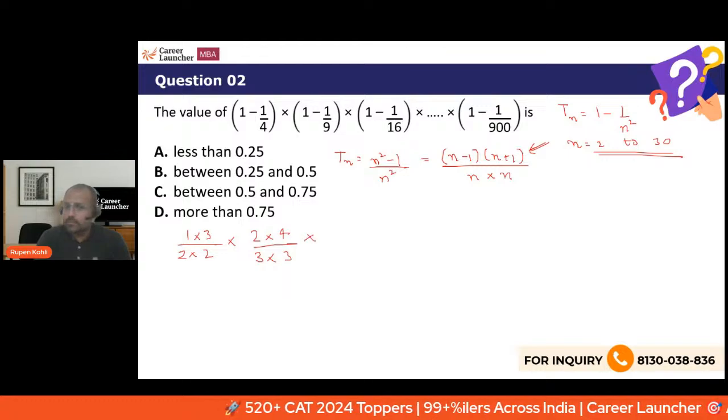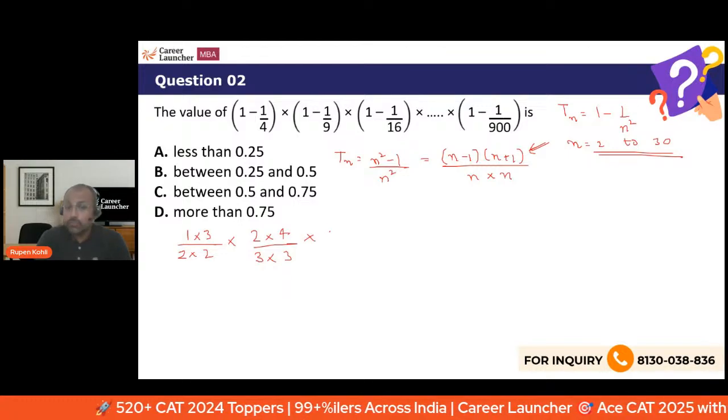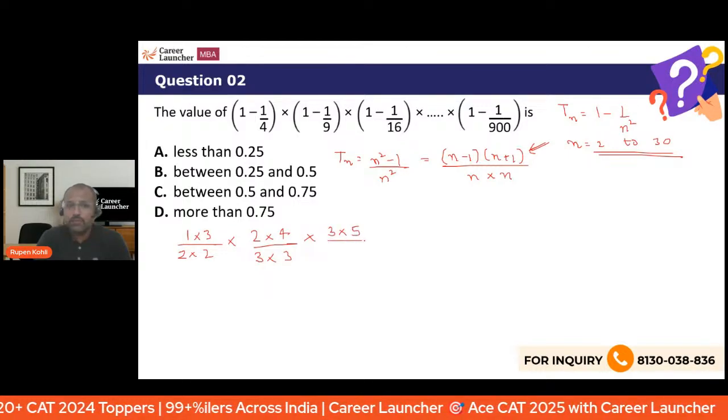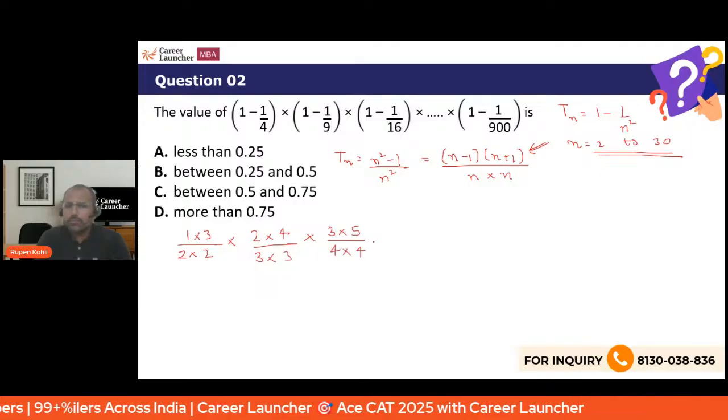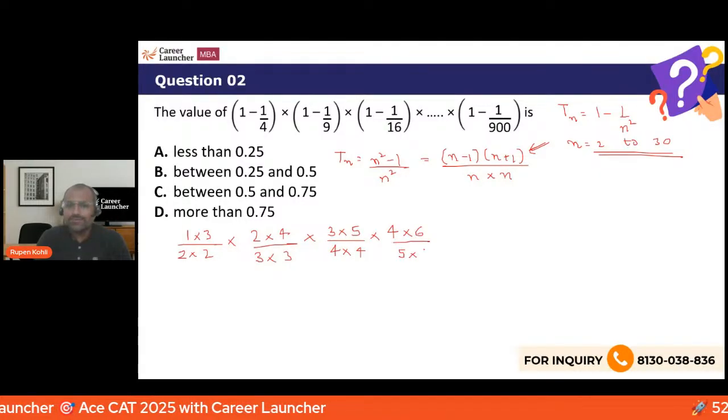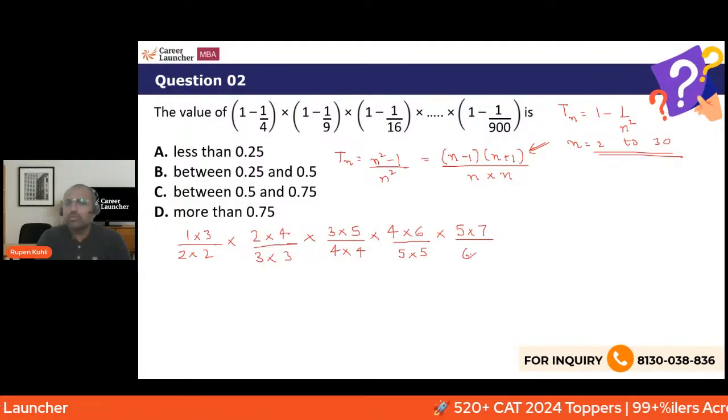Then n equal to 4, you get 3 into 5 over 4 into 4. Just write a few more terms: 4 into 6 over 5 into 5, 5 into 7 over 6 into 6. And so on. I think this much is sufficient to understand the pattern.